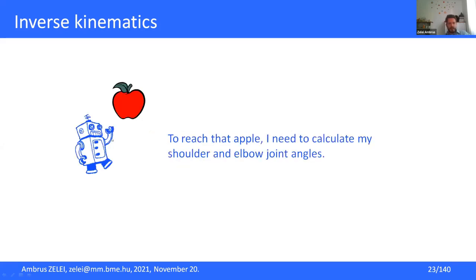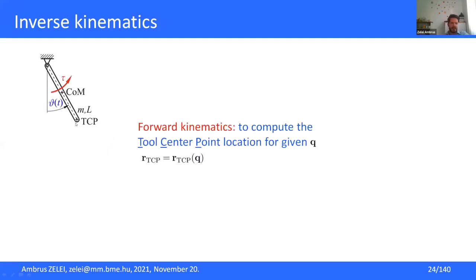If I go back here, the tool center point is obviously the hand of this small robot, and if he wants to catch the apple, then the tool center point location should be identical with the location of the apple. So this is the same here. And if I'm calculating the tool center point location based on the already known coordinates or joint angles, it's called forward kinematics. But usually the opposite is done in the case of robots.